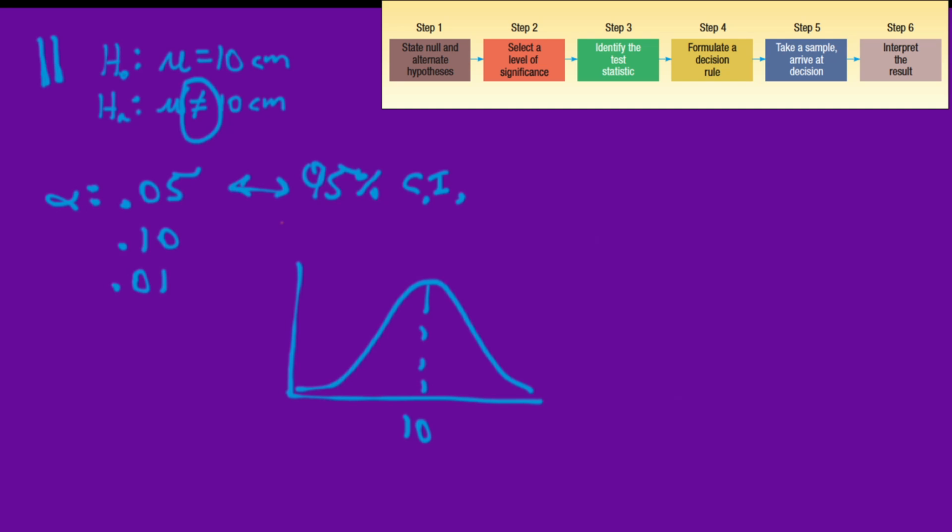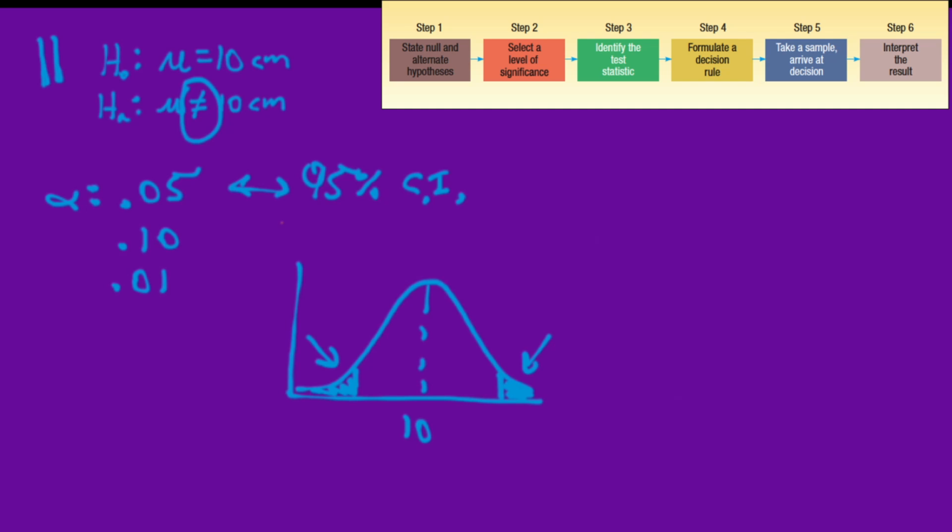And the way we are going to find evidence, again, is via a sample. And so we're going to look for samples that are either really far above or really far below. And basically, we're going to say, is this rare enough that we have enough evidence to reject the null? So that's why it's two-sided.